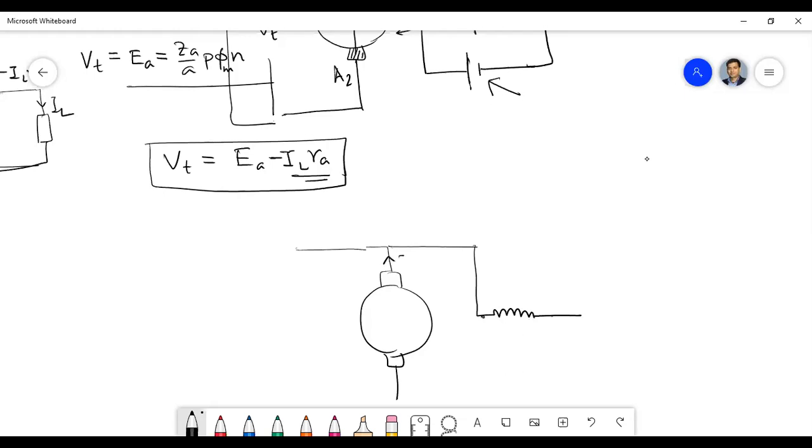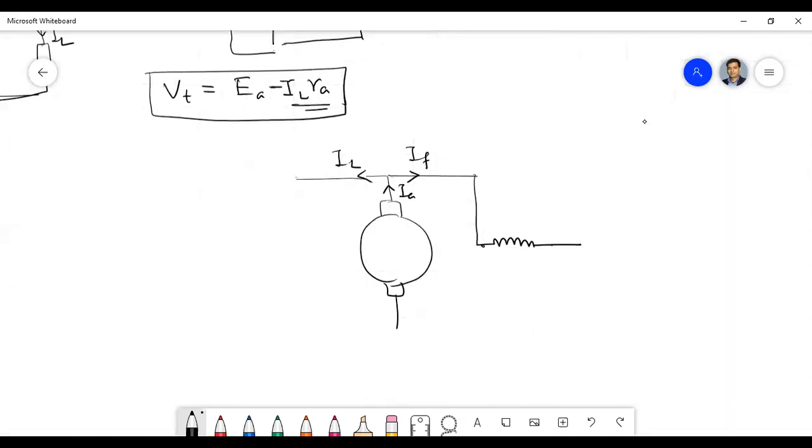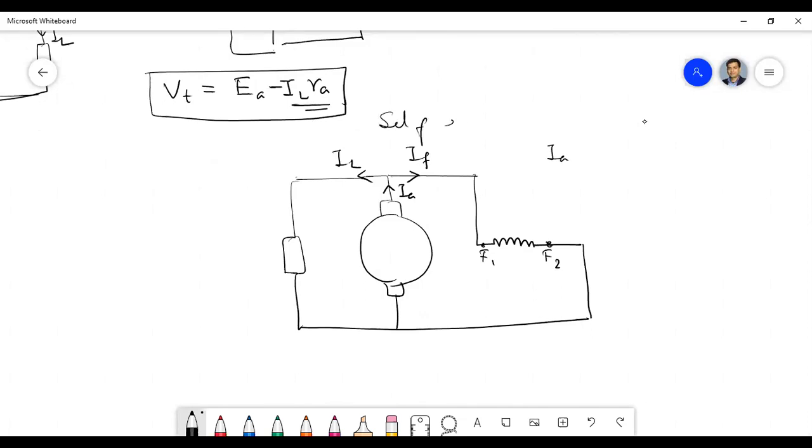How the armature current will be divided into load current and field current depends on how much resistance you have kept for the field coil during the design process. For this type of arrangement, the field resistance is quite high compared to the load, so most of the current is on the load side. So this type of excitation is called the self excitation.